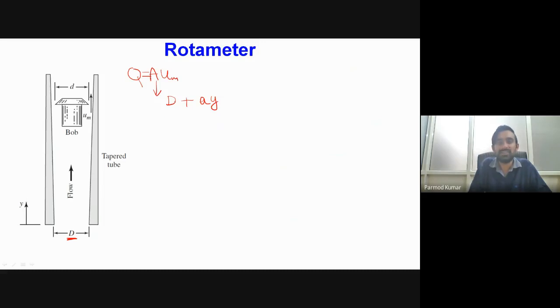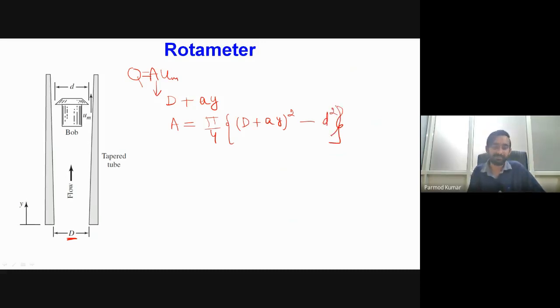Using this formulation, the flow area will be equal to pi by 4 times (d plus ay) whole square, minus d square, where small d is the diameter corresponding to the frontal area of the float, because our flow is mainly taking place through the annular section while we have the static equilibrium between the flow rate and the position of the float.